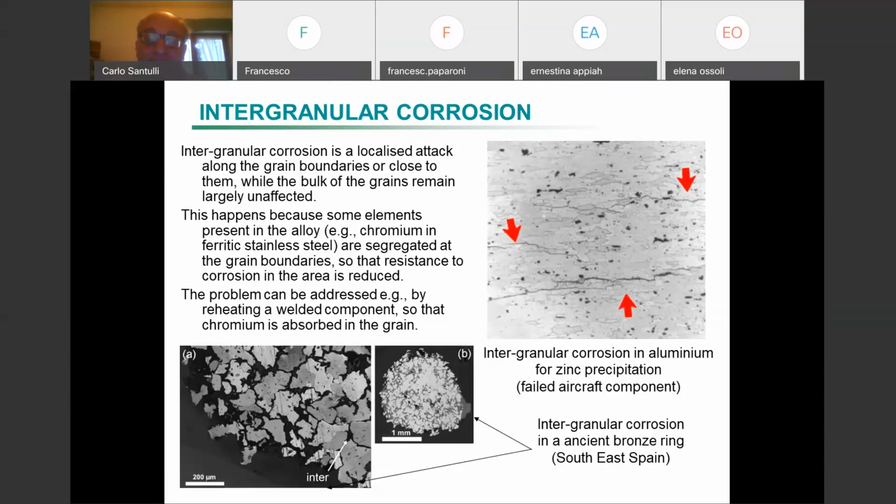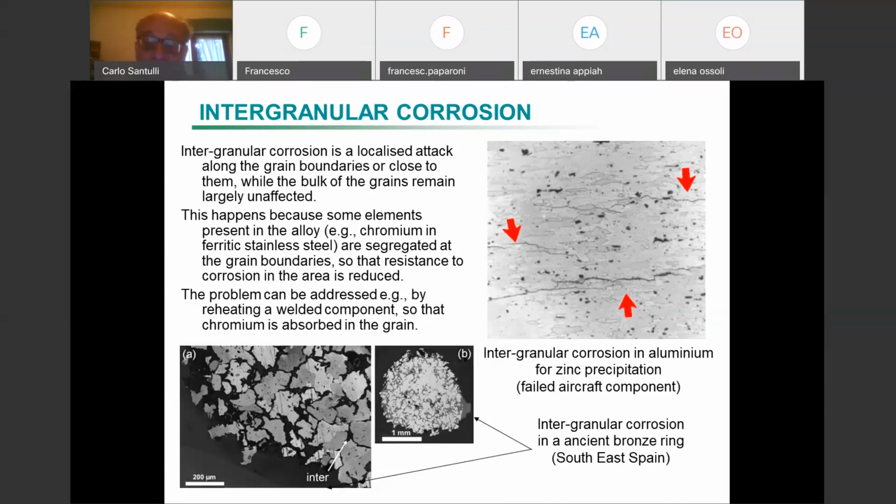And for example, here we have aluminum instead, and zinc has precipitated between the different grains, and it has created cracks as well, which led to the failure of the aircraft component.